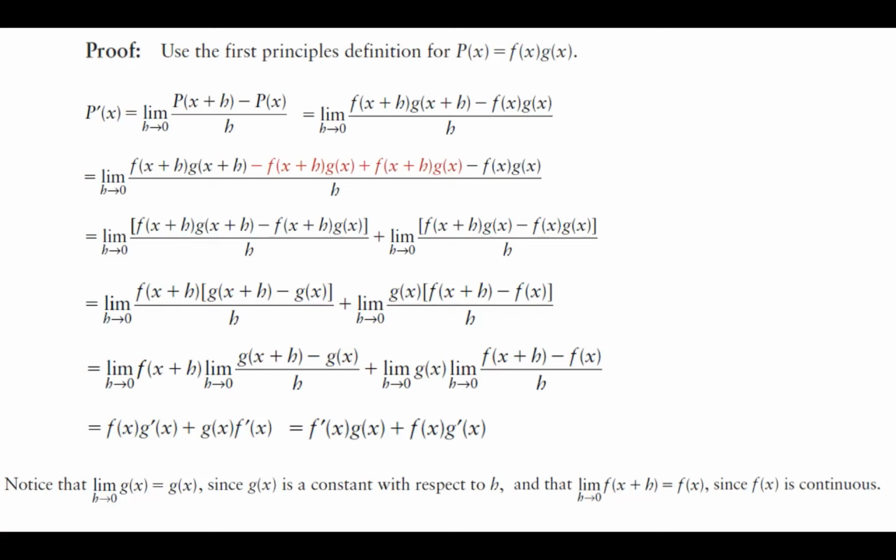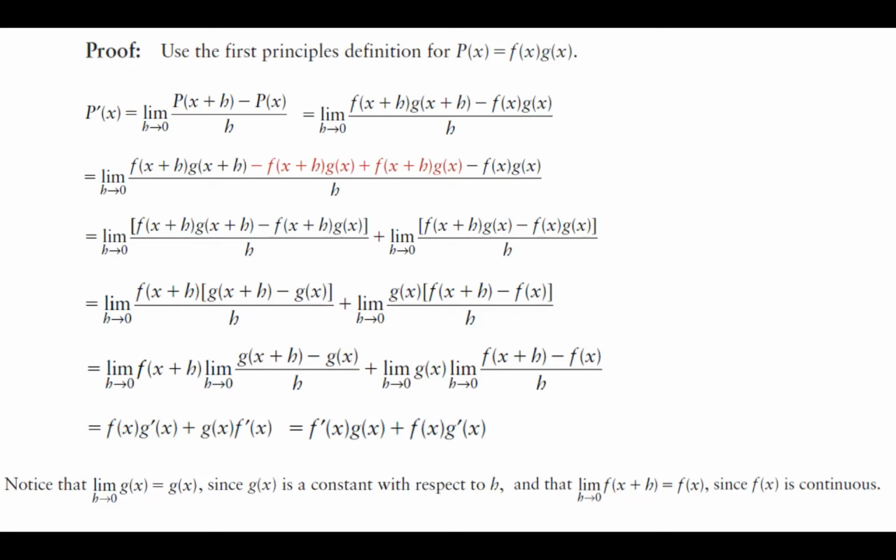So note here, we can insert a term in the numerator, which is minus f(x plus h) times g(x) plus f(x plus h) times g(x). The reason is to come up with a new derivative.